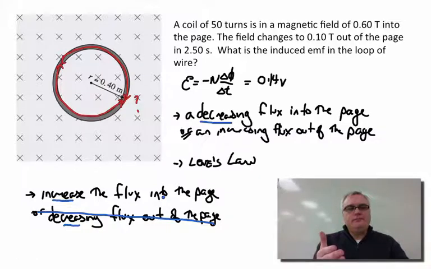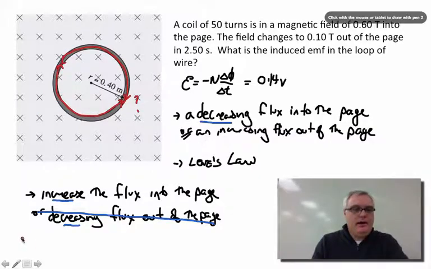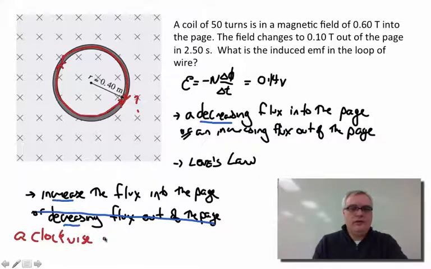Inside the loop of wire, I want an increasing flux into the page, so I want my fingers inside the loop to be pointing into the page. If they're pointing into the page, my thumb, when I grab the wire, is going in a clockwise direction. So the last thing I write down here is that a clockwise current creates an increasing flux into the page.